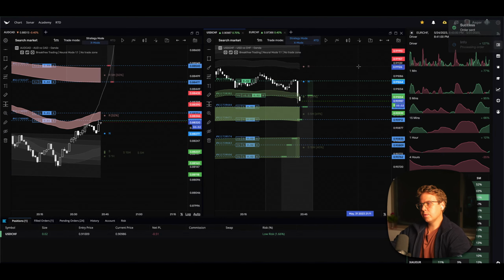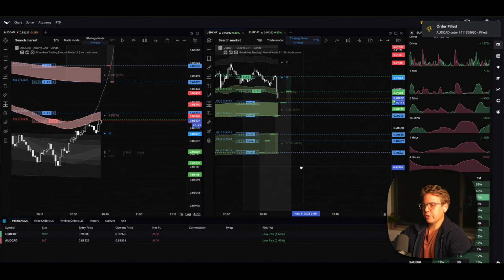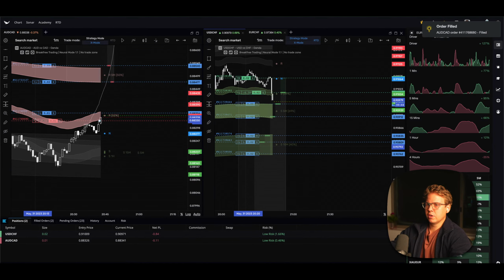If you do your homework well enough and you're only trading these strong trending markets, you do not have to be too concerned about volatility coming out of the blue.